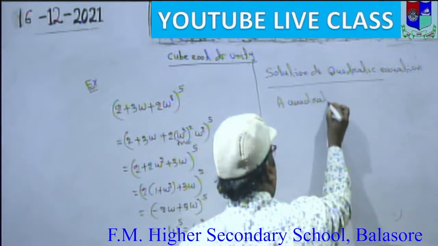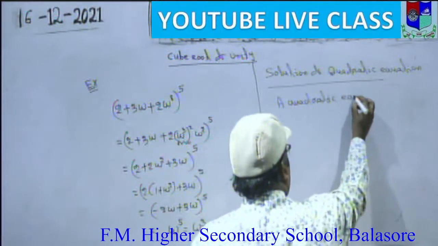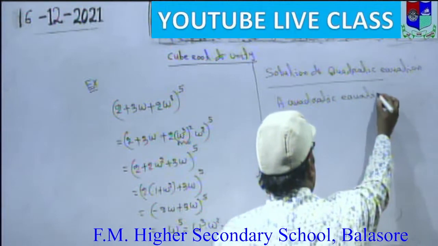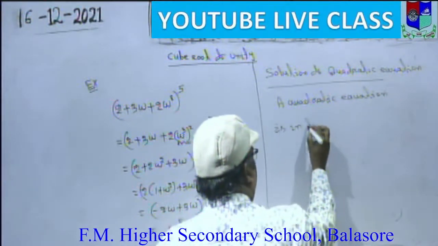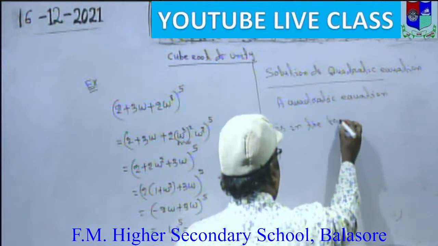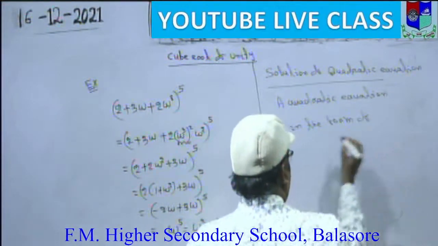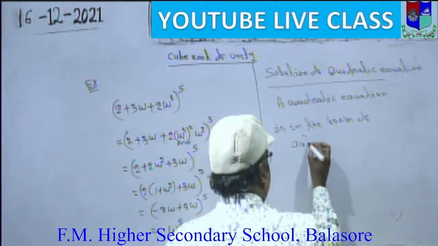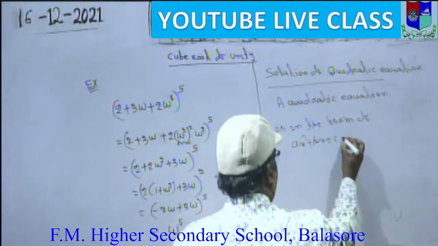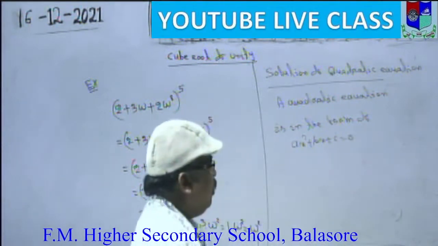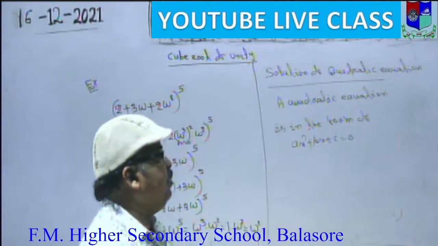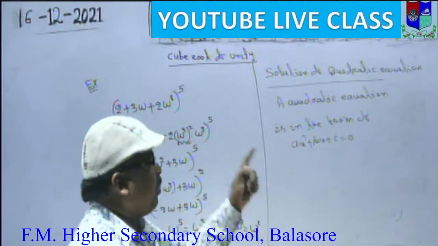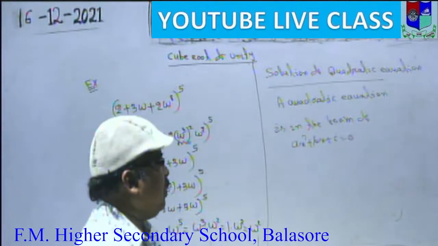A quadratic equation is in the form of ax square plus bx plus c equal to 0. We solve it by using formula or factorization or perfect square.